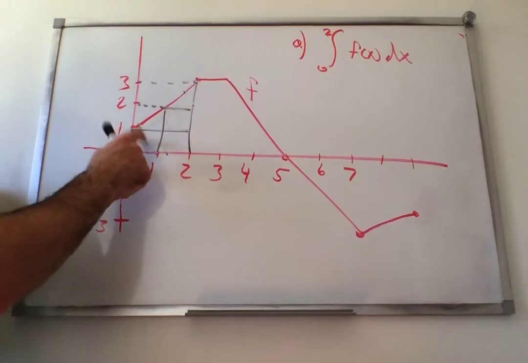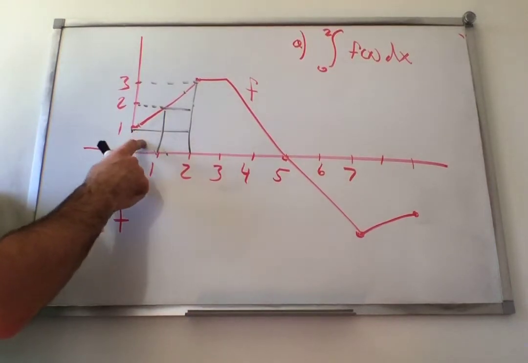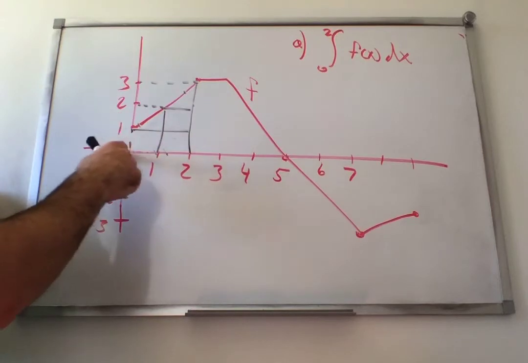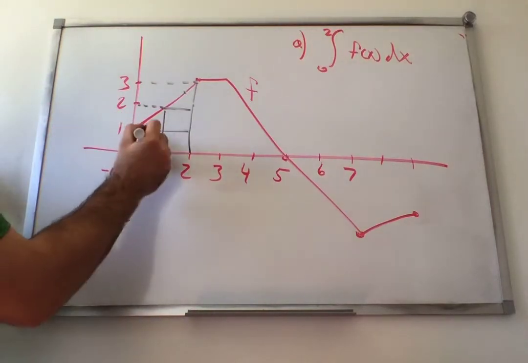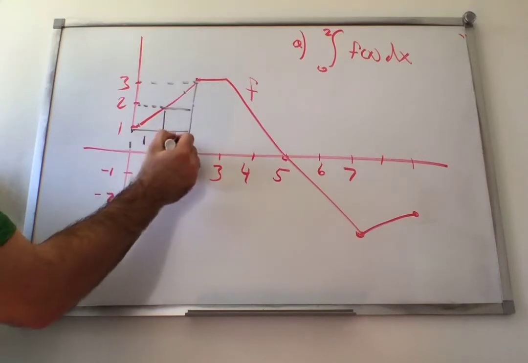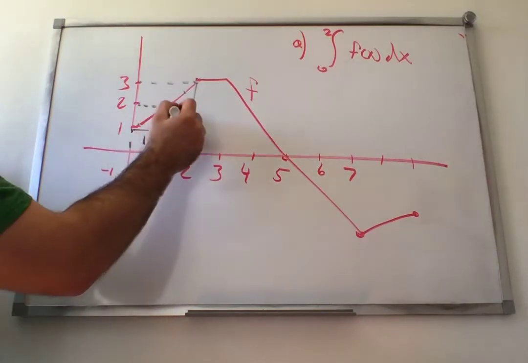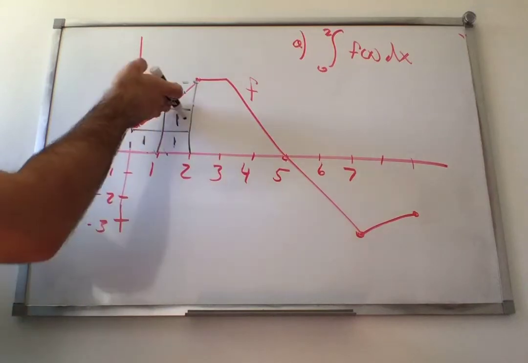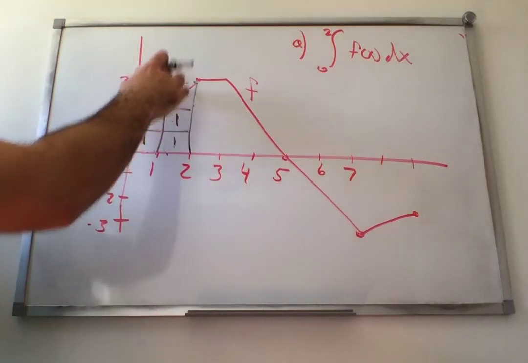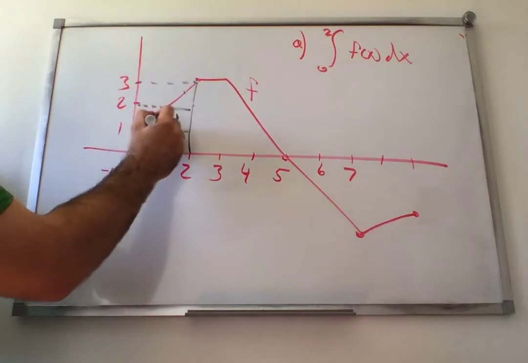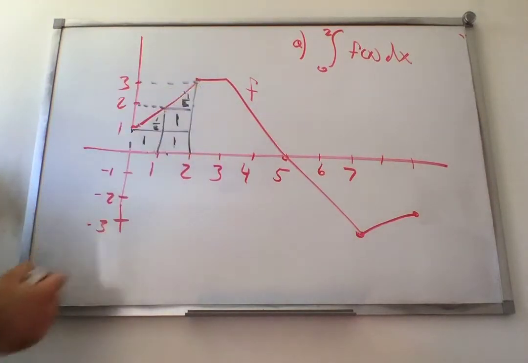If you look at this square right here, what is the area of this square? It has a height of 1, it has a length of 1, 1 times 1 is 1. This square is the same size, so that's 1. That's 1. Now you're cutting exactly in the middle of a square, because you go up 1 over 1. So this is 1/2, this is 1/2.